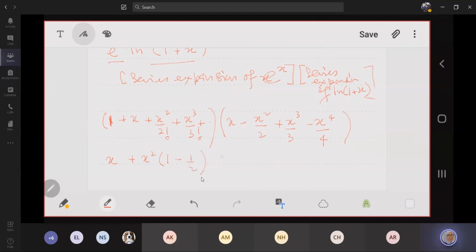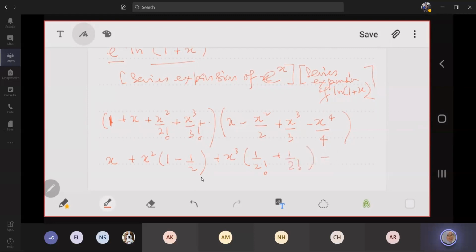The next one is x cubed: you get this multiplied with that, which is 1 on 2 factorial, plus 1 on 2 factorial also.